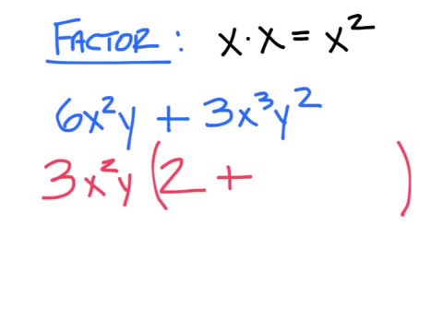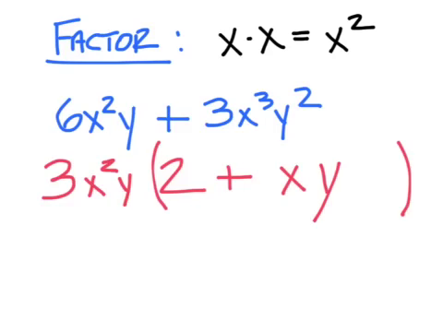So what would I have to multiply x squared by to get x to the third? X. Now we go, y times something is y squared. Not 2, not 2y, just y. It's just y. We already have that answer. Y times y is y squared.